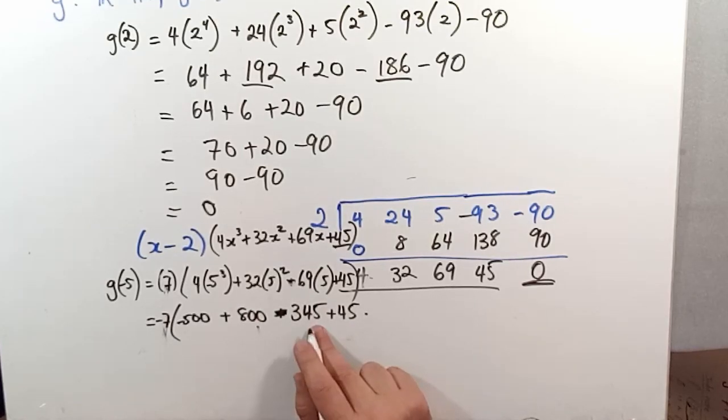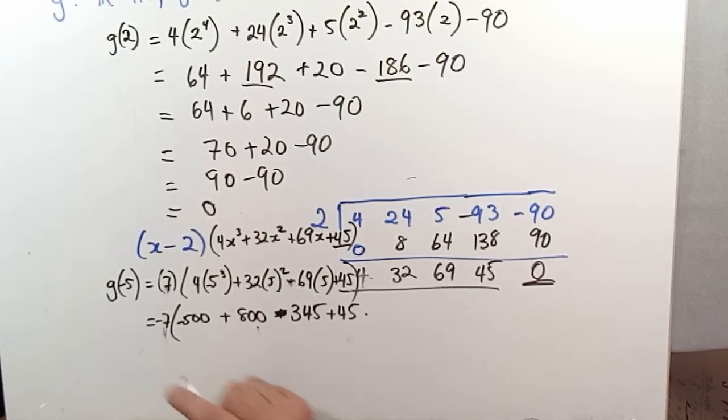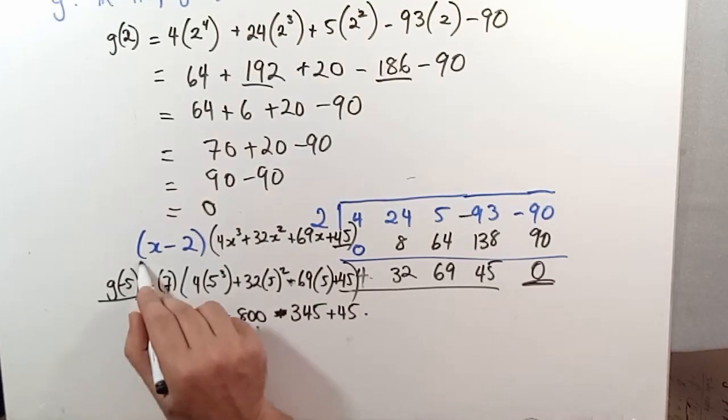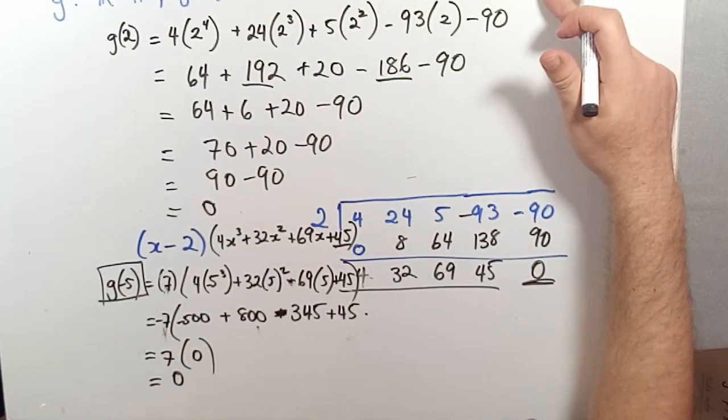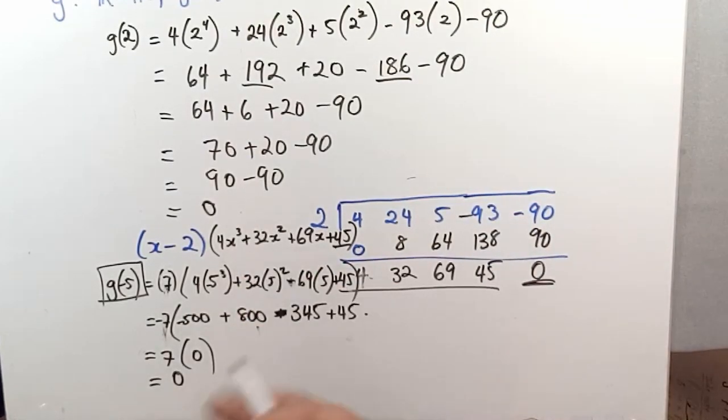Okay, so I get minus 300 minus 500, yeah, perfect. So I get negative 7 times 0, which is 0. Okay, so we've got another factor now. That was a bit easier than putting negative 5 into this one, which might have been a bit tricky. So getting it down to the cubic makes the numbers a bit smaller, makes it a bit easier to do. All right, so what have I got so far?